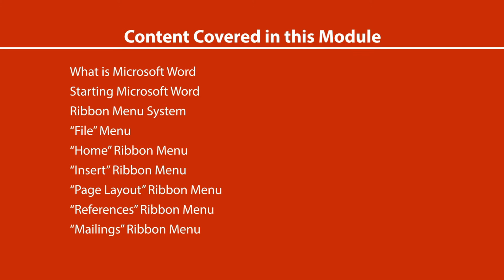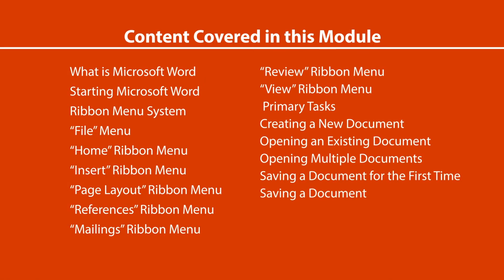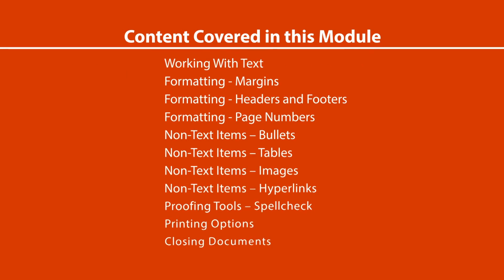Then the File menu, page layout, references, mailing, review, view, and primary tasks. We will also cover how to save a document and how to use multiple documents, then formatting and margins, headers and footers, page numbers, bullets, tables, images, hyperlinking, and spell check. All these important things we are going to cover in this presentation.